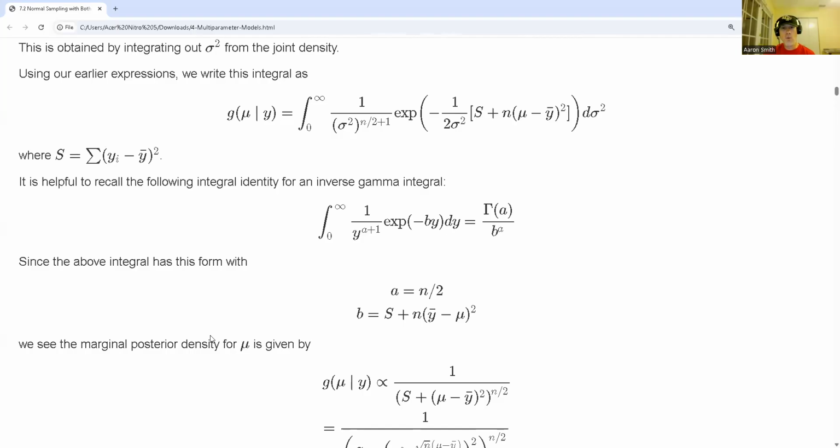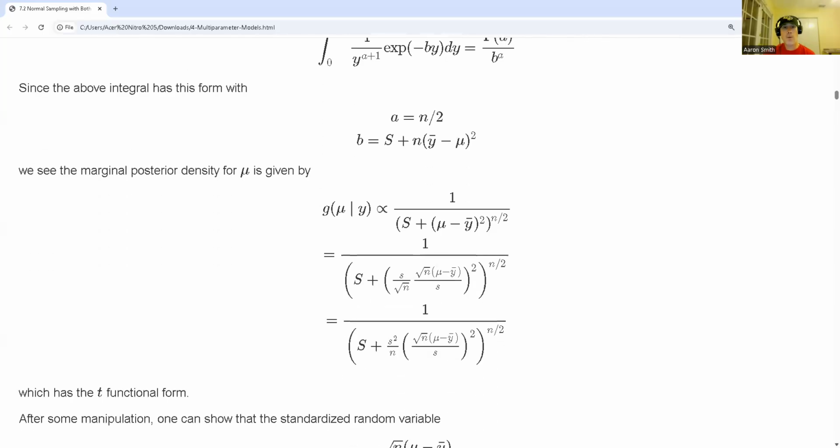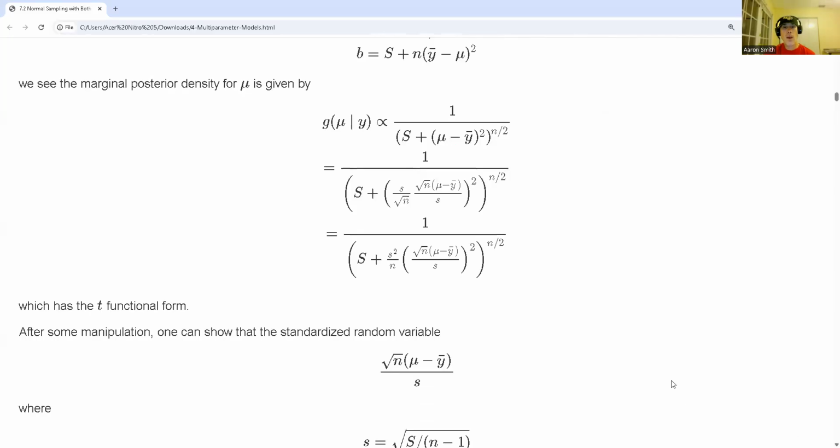And so if I do that, we're going to see that we're going to get a marginal posterior density of mu given by this curve right here, which I can rewrite, which in this format, I can see that this is functionally a t distribution.